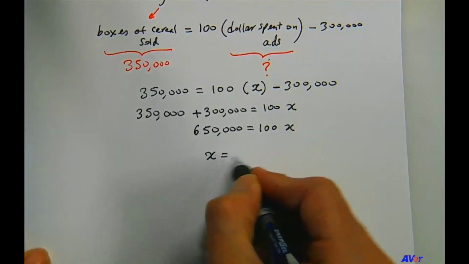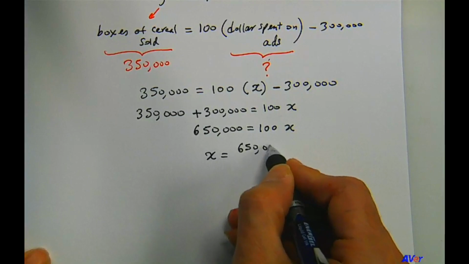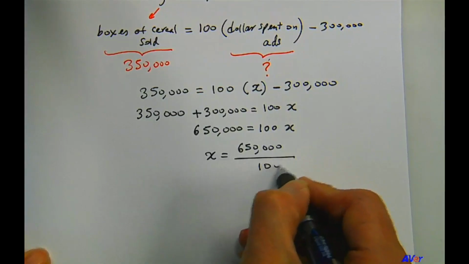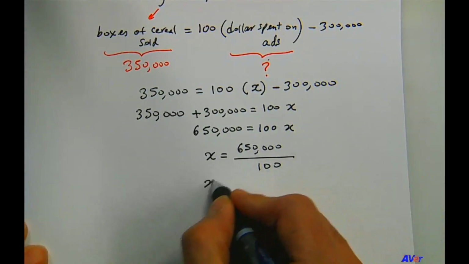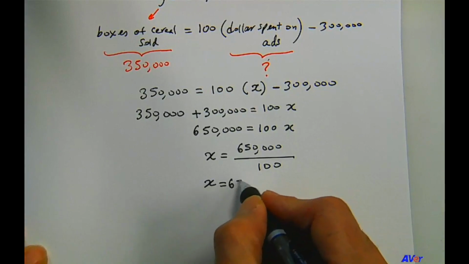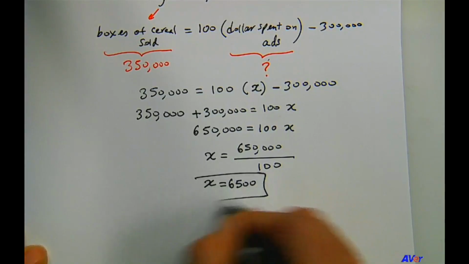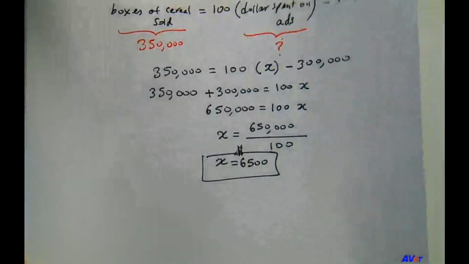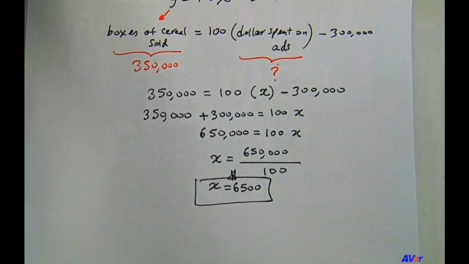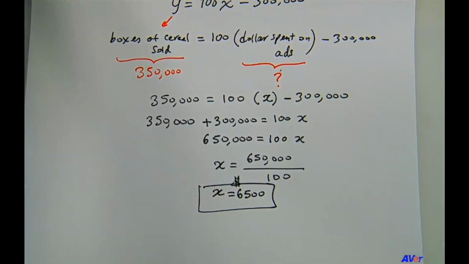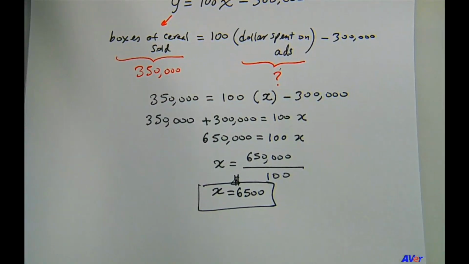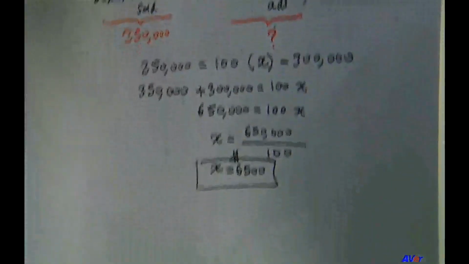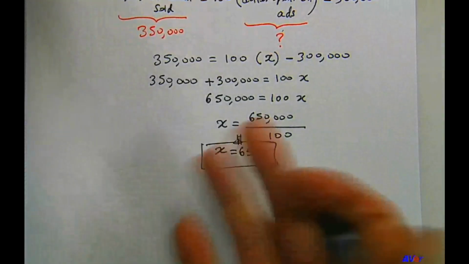And then x will be 650,000 divided by 100. And of course, that is equal to $6,500. So if the company wants to sell 350,000 boxes of the cereal, they have to spend $6,500 on ads, according to this relationship.